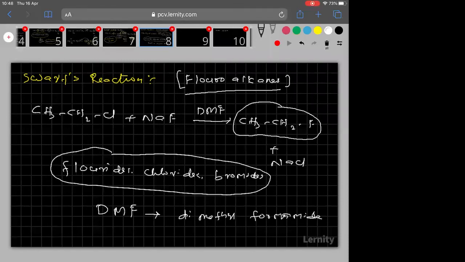It is a non-polar solvent. And why iodides are not soluble, that we are going to study in chemical properties. I hope you copied this Schwarz reaction.